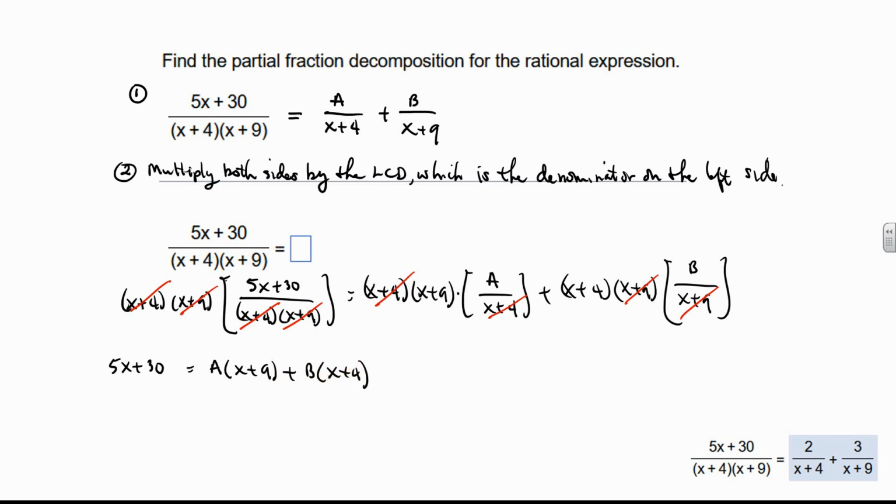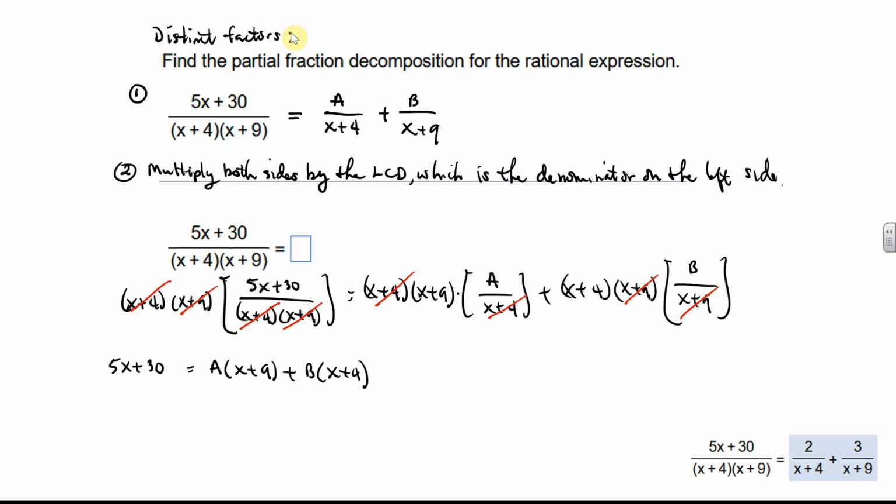Now, when we have distinct factors, all we do here, and it's easy, is you see on the right side where you have an x plus 9 and you have x plus 4. So I have two of them. First I'm going to let x equal what makes this term go to 0, x equal to negative 9.